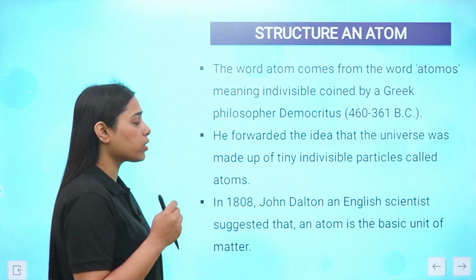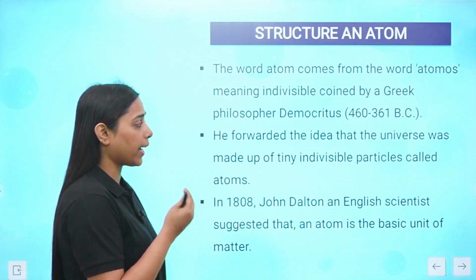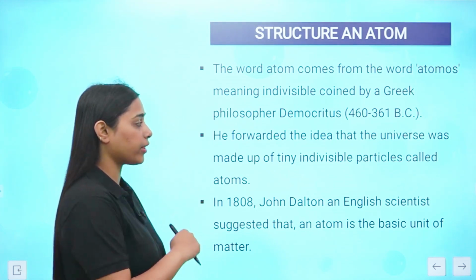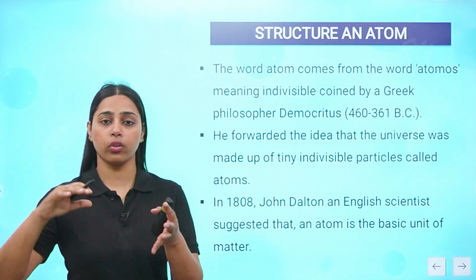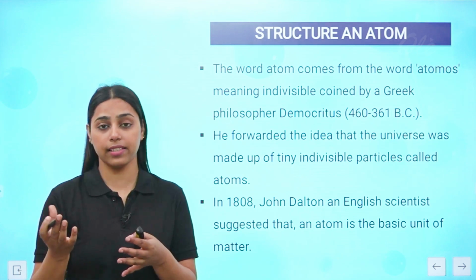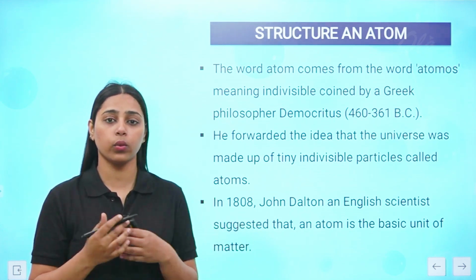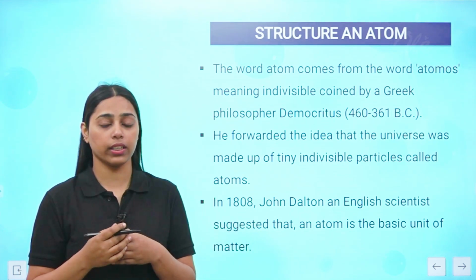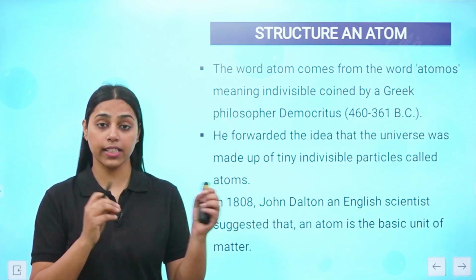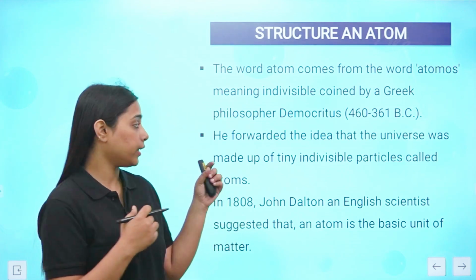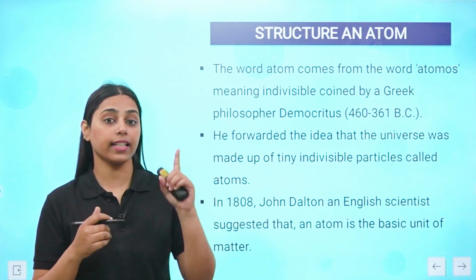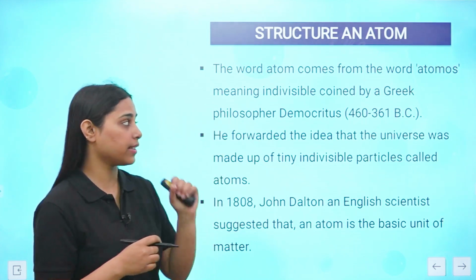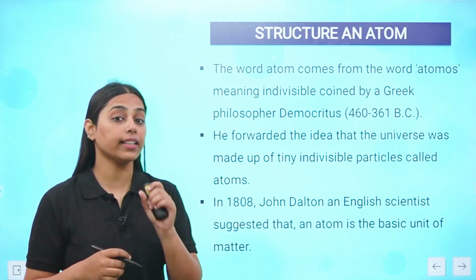He gave the idea that the universe is made up of tiny indivisible particles called atoms. Before the term matter arose, it was Democritus who gave the discussion about the existence of things in terms of matter and in terms of these atoms particularly, and he also said that it is indivisible. So atomos is a Greek word that means indivisible.